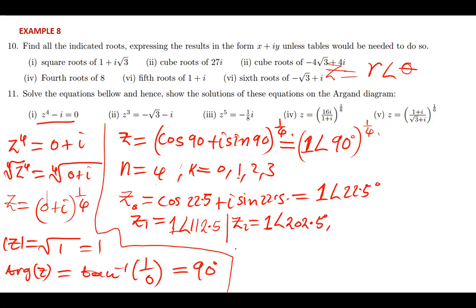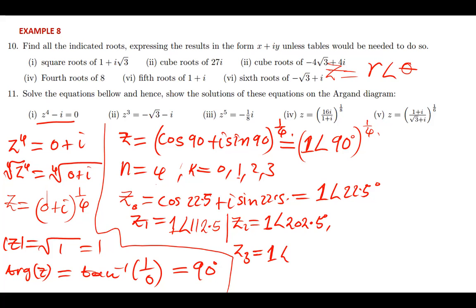So we now find the other Z, which is Z3. So Z3, the magnitude will be the same. The angle will be 360 times 3. Is it Z3? Z0, Z1, Z2, Z3. Okay, 360 times 3.